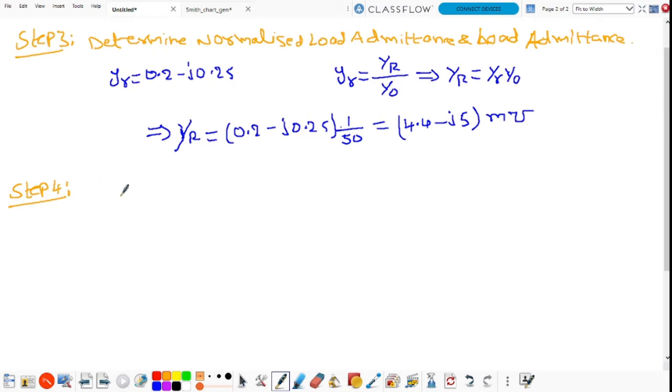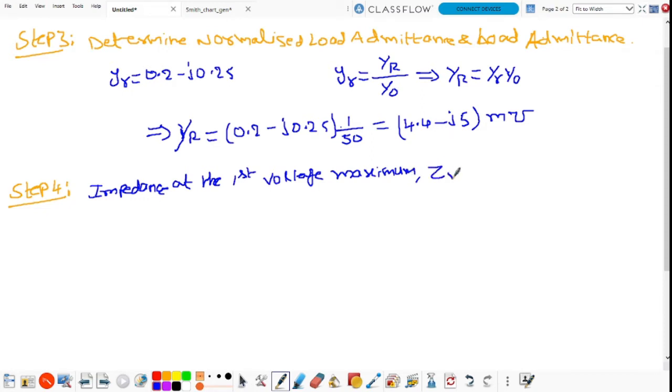Determine the impedance at the first voltage maximum.